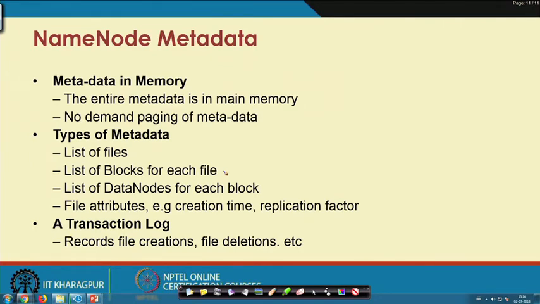So, this is the hierarchy in which it will store attributes. Moreover, for each file it will store attributes such as creation time, replication factor, etc. Now, this entire metadata will be stored in the memory of the name node. So, typically the server which will host the name node is expected to have high memory, and this is accessed by all the applications in the entire cluster.